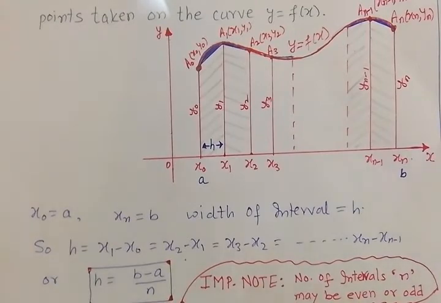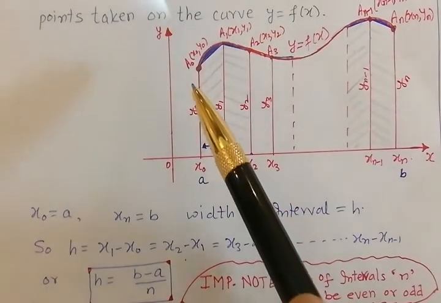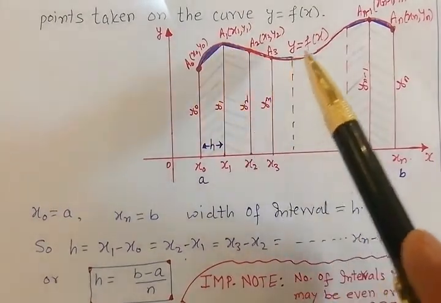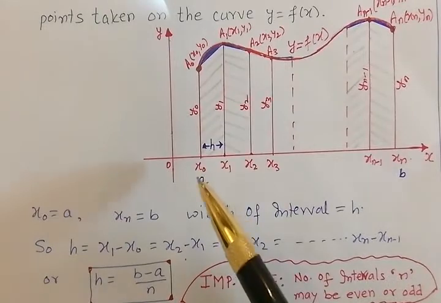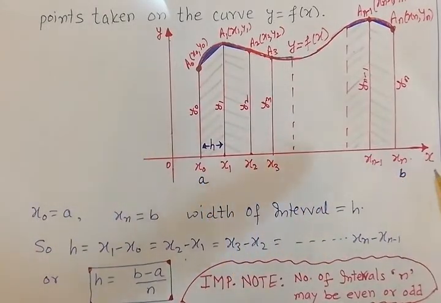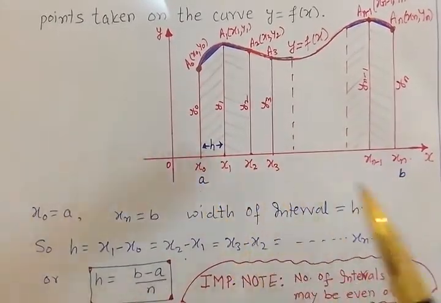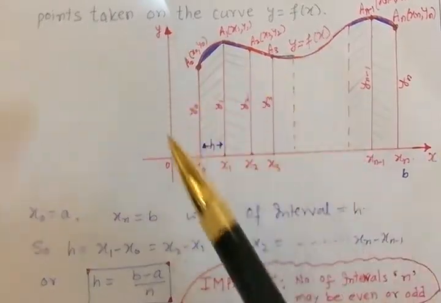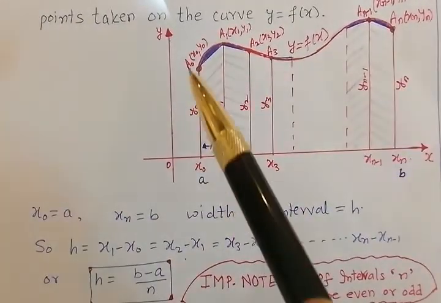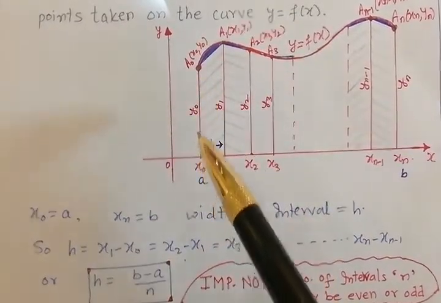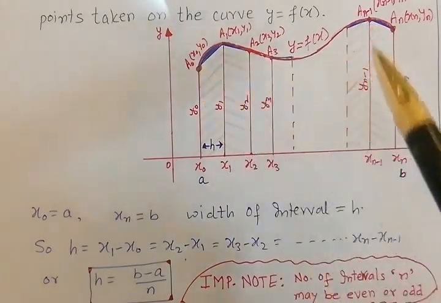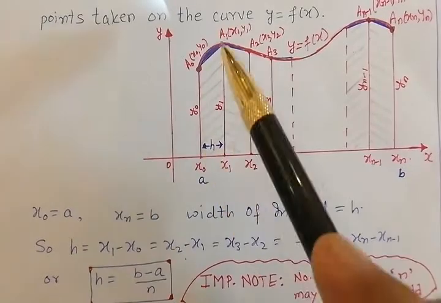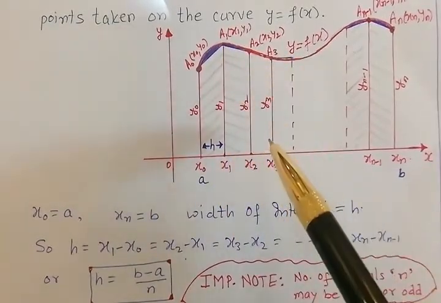Now let us focus on the graph, and we can see that we have to find out the area under this curve, this entire area right from x0 is equal to a to xn is equal to b. So between a to b the entire area is to be calculated. How do we calculate it? Under the trapezoidal rule, the numerical integration, we divide the entire area into certain strips.